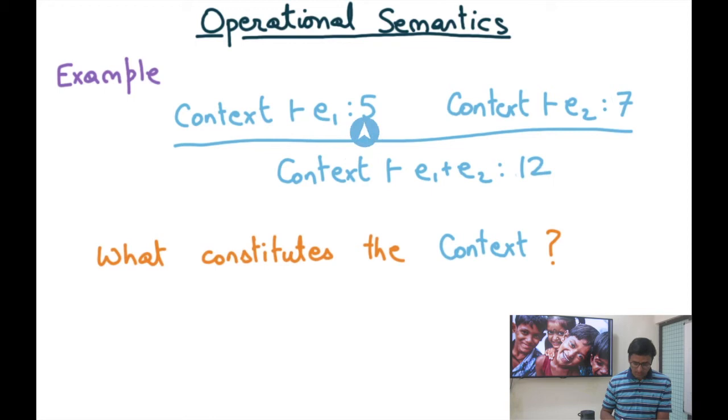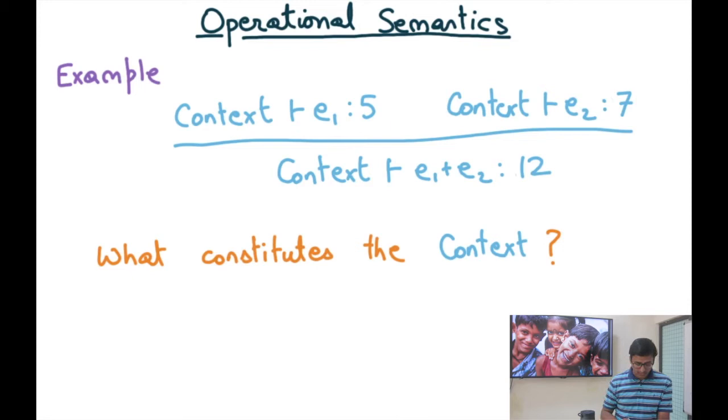Also, this kind of typing or evaluation judgment is saying that E1 is a valid expression that can be evaluated to a legal value, and the value is going to be, let's say, an integer 5. All right, and in this case, the value is going to be an integer 7, and so on. Also, there is this context that is on the left-hand side of the turnstile operator, and it's really not doing much in this particular rule, because it's just saying that the context should be the same for evaluating E1 and E2 and E1 plus E2.